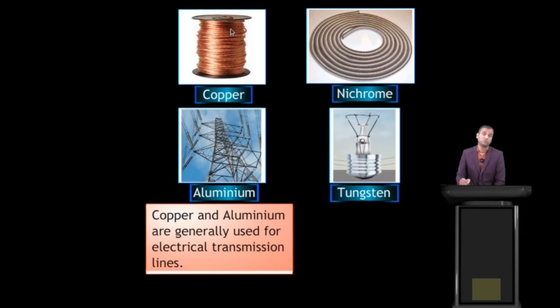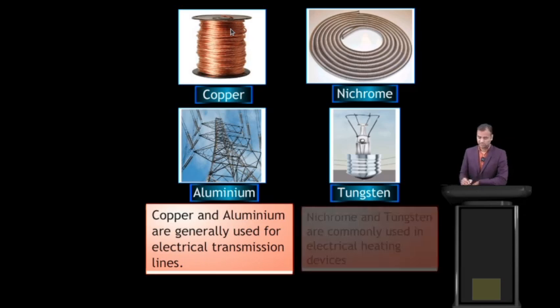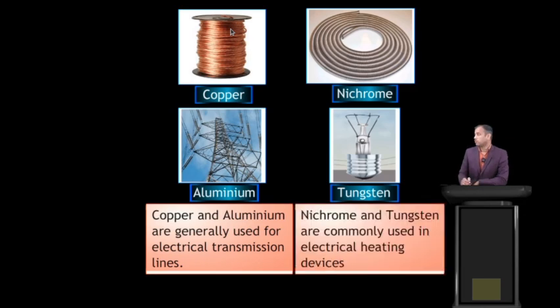If you closely look at a wire, it is made up of mostly copper and aluminium, because they are good conductors, the best conductors of electricity. So they are used for electrical transmission. And nichrome and tungsten are commonly used in electrical heating devices because they have more resistance. So if they have more resistance, they will liberate more energy.